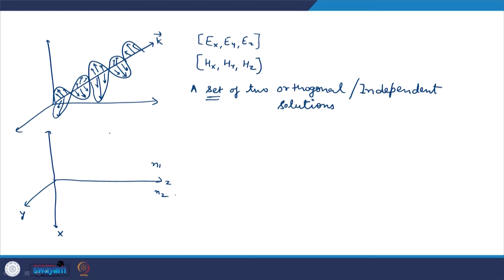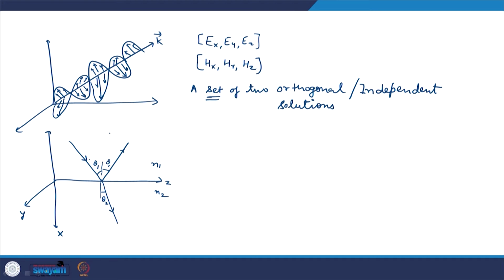If light is incident like this at an angle theta 1, it will get partially reflected and partially refracted at, say, angle theta 2, and it will get reflected at the same angle theta 1.